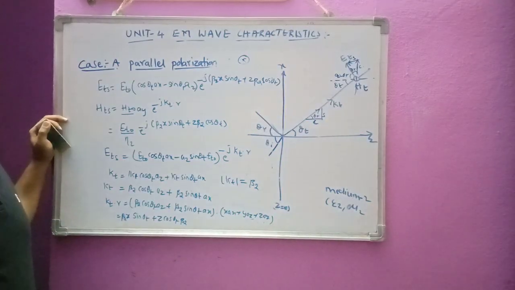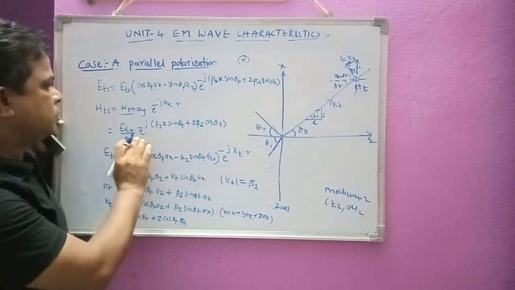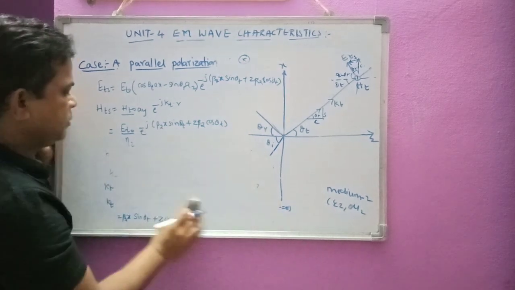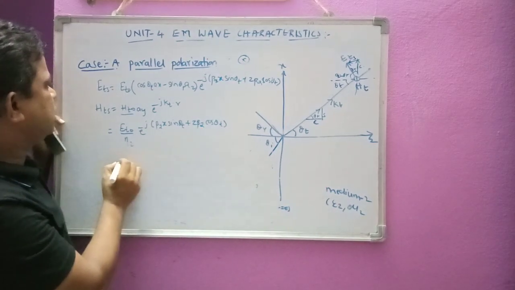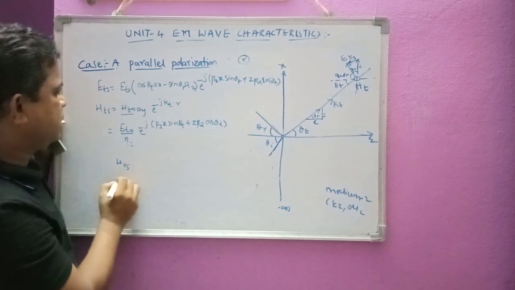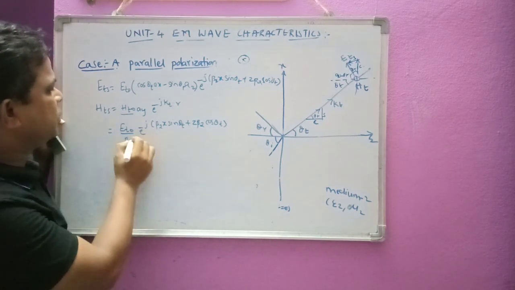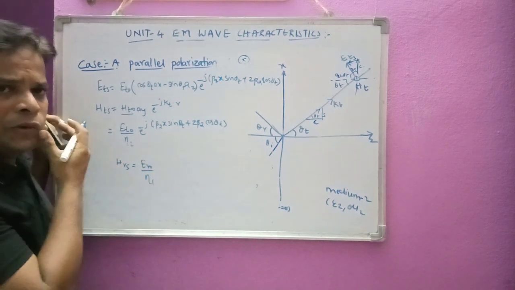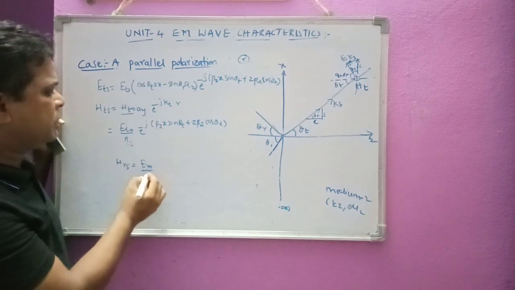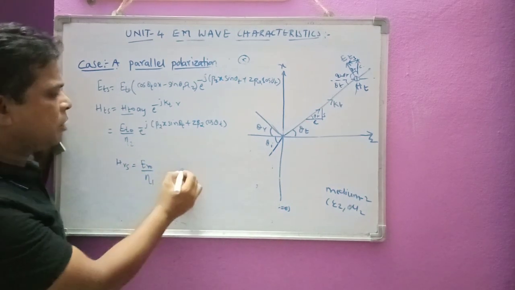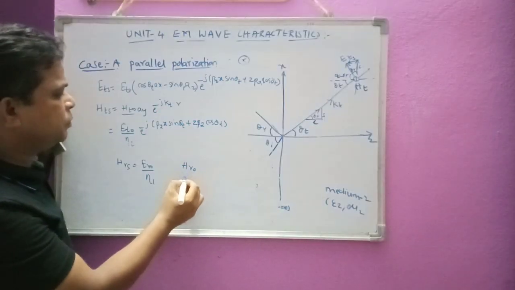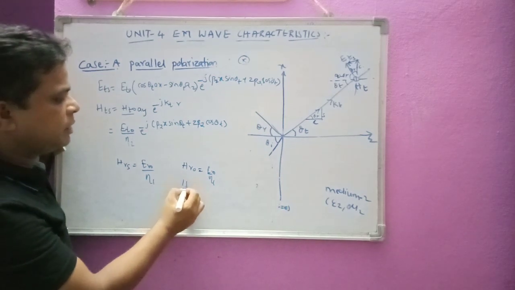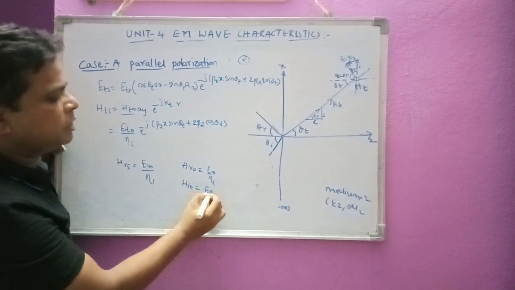In the previous expressions I forgot to change the magnetic field equations. In place of HR0 we have to keep ER0 by eta 1, and wherever we have HI0 we have to keep EI0 by eta 1.